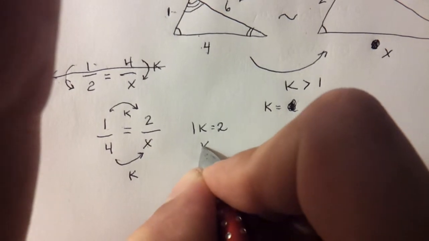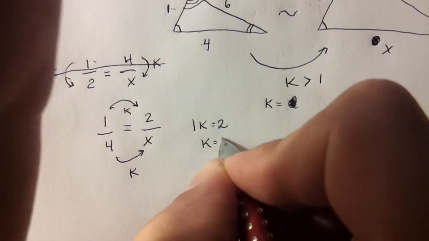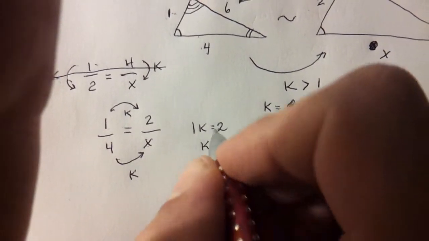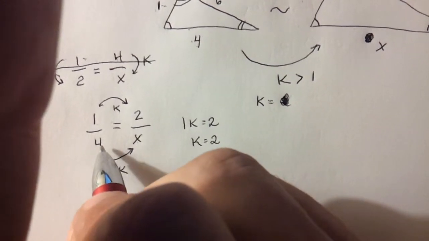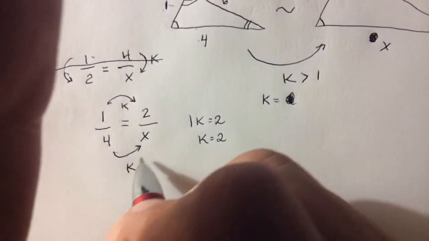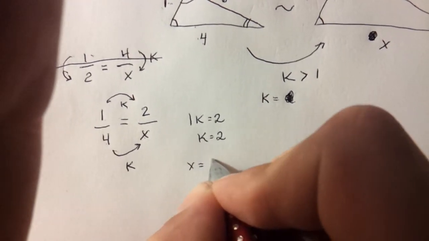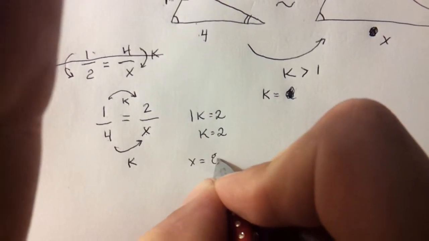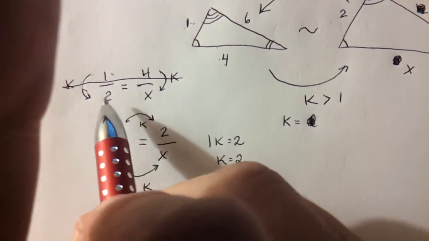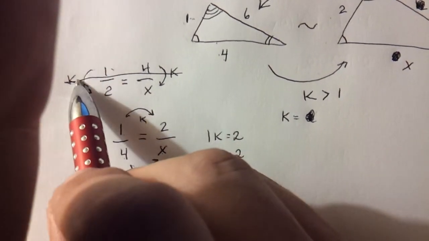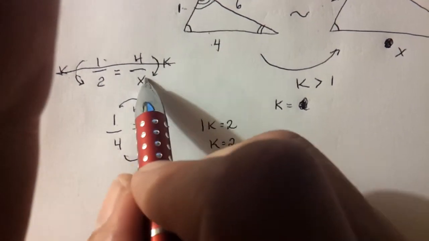I don't need to write the 1, I just see that k is equal to 2. So down here I use the same k. 4 times 2 is equal to 8, so that means that x equals 8. Now, if I wanted to solve this going top to bottom, I would do it the same way: 1 times 2, 4 times 2 is 8.